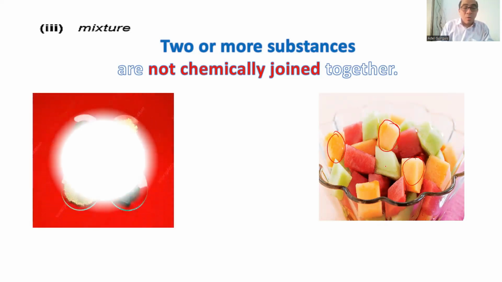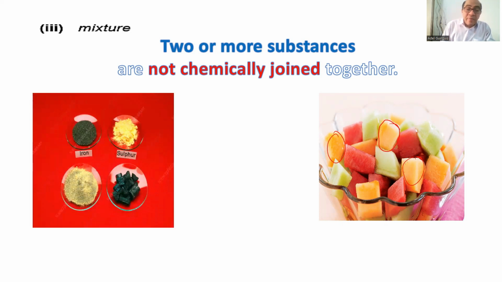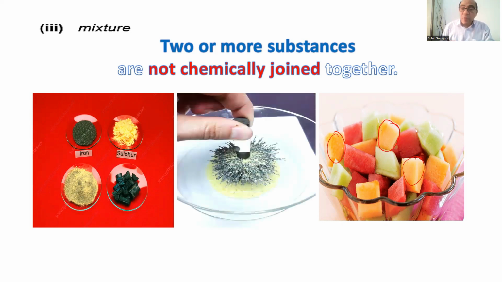Look also, iron filings in a watch glass, and sulfur in a second watch glass. If we add both together and mix in a third container, we can separate the iron filings easily by just using a magnet.